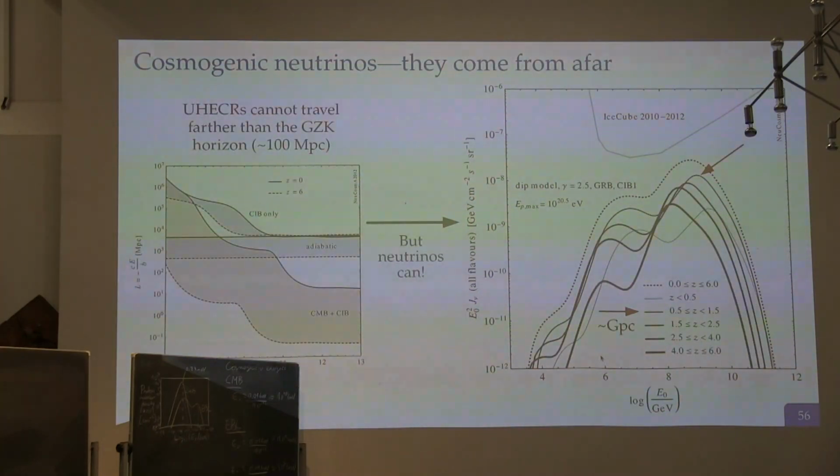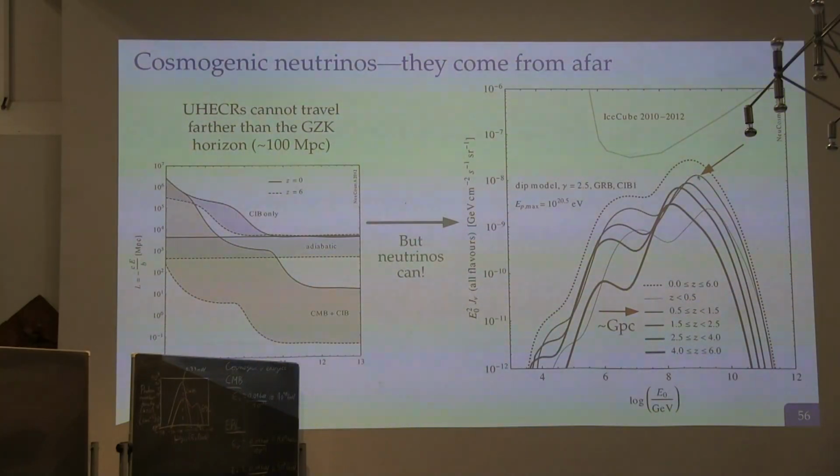And finally, this is related to what I was saying earlier. Unlike cosmic rays, which need to come from the local universe because of the GZK cutoff, neutrinos can come from further away. If you look at the plot on the right, the total is the dashed line, like what I drew on the board. Most of it is coming from proton-photon interactions between z of 0.5 and 1.5, which is a few gigaparsecs in size.